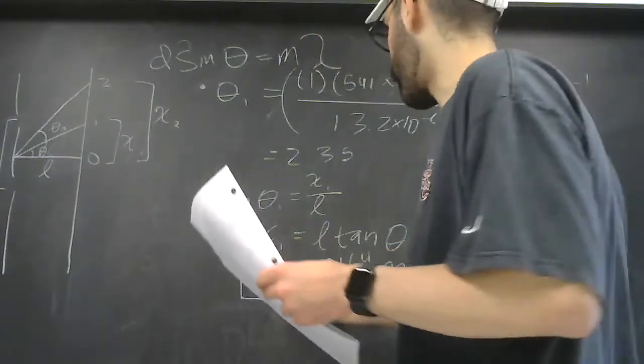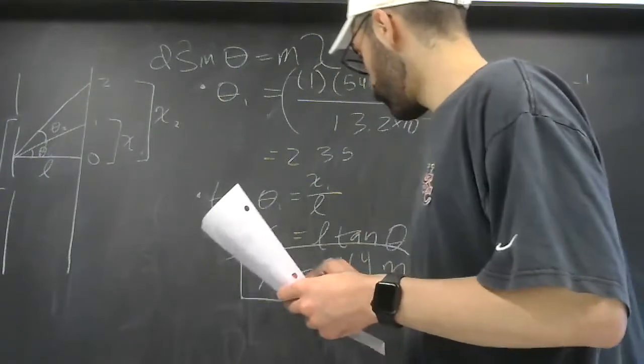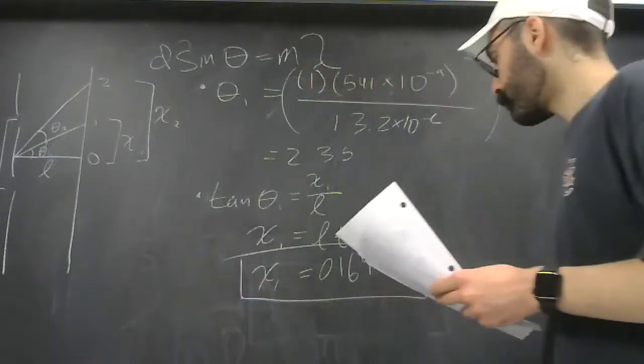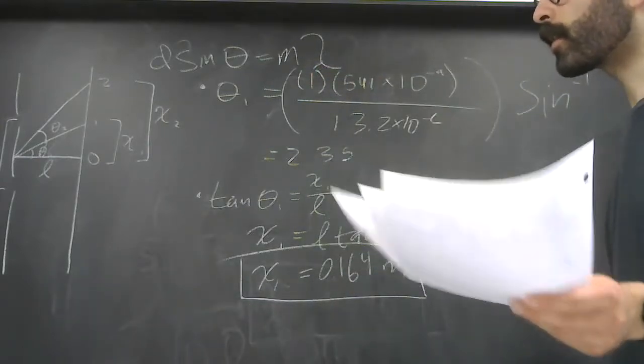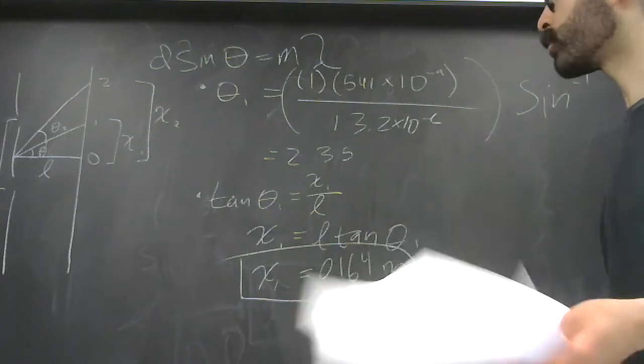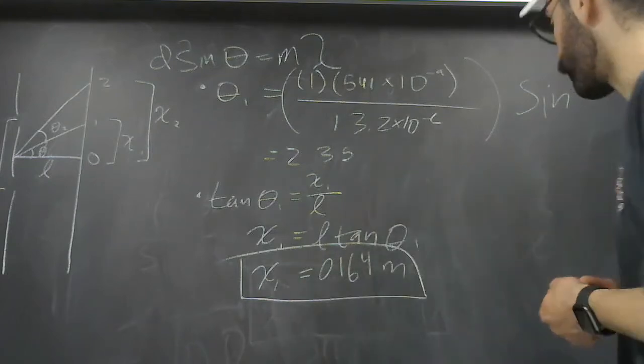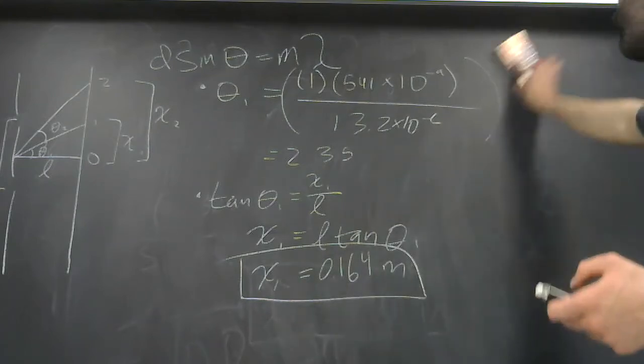All right, so that's for x1. Done. So then for x2, you would expect both the angle theta 2 to be bigger and that x2 to be bigger. And if you guessed that, you're going to be right, because when we solve, you're going to see exactly that.